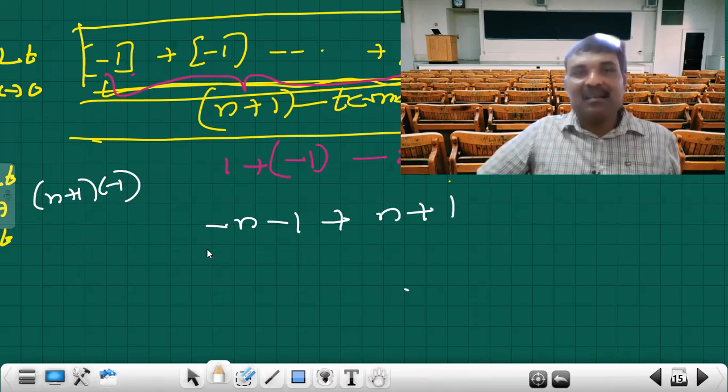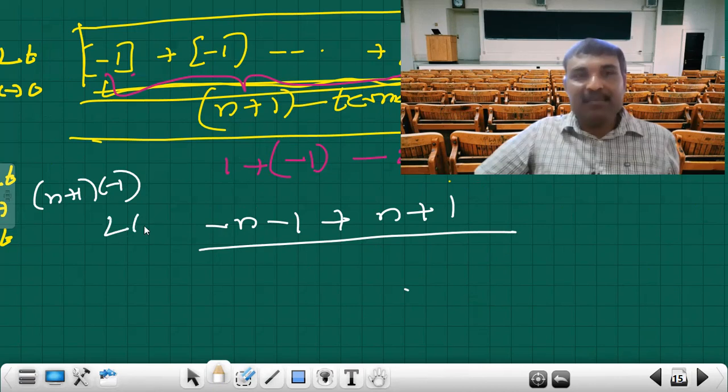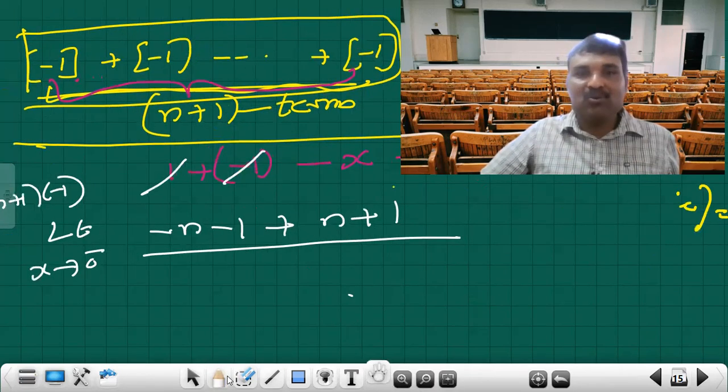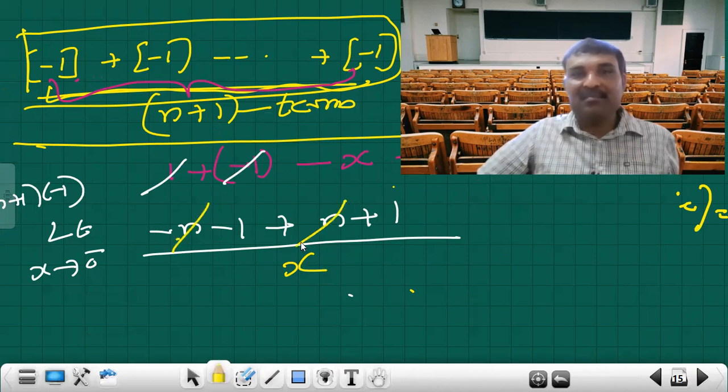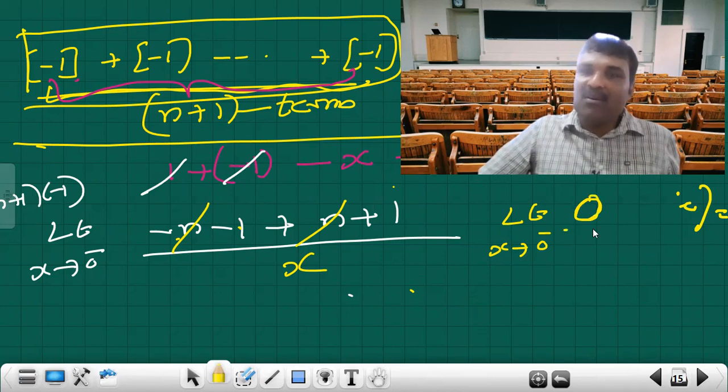Now this is divided by, as we apply limit x tends to 0, the 1 and minus 1 cancel, and minus x and 2x become x. So minus n becomes 0, and minus 1 and plus 1 become 0. So limit x tends to 0 minus has exact 0 in the numerator, and the denominator is x.